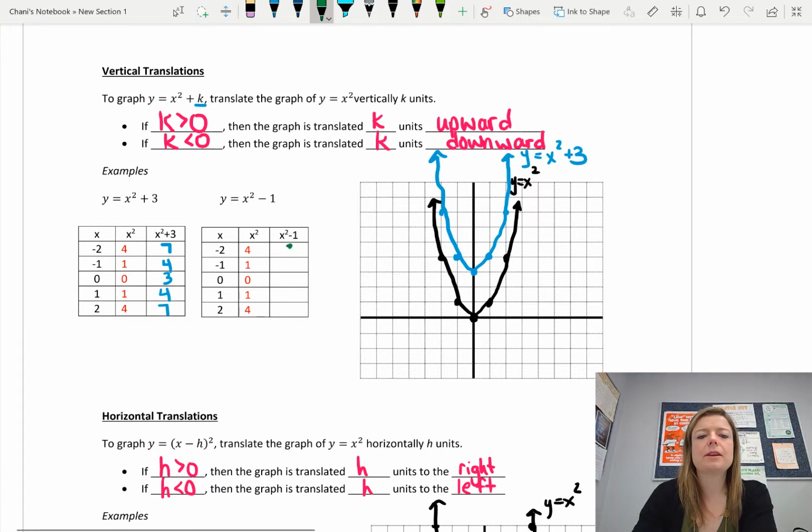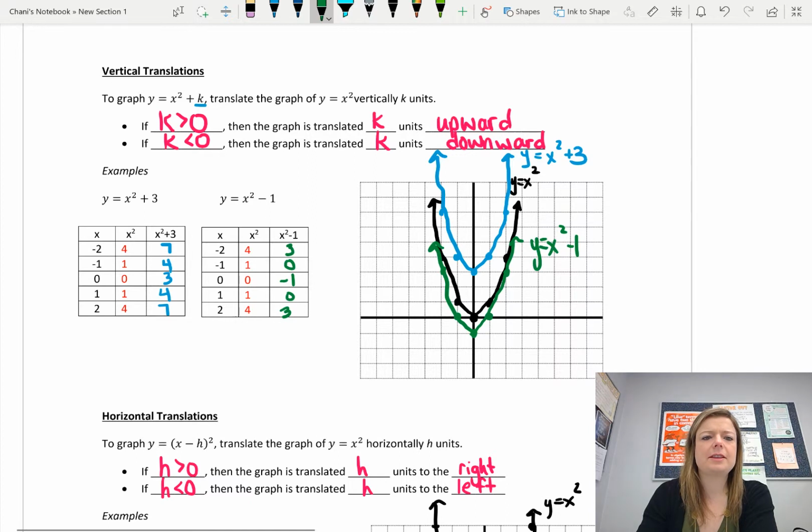So 4 minus 1 is 3, 0, negative 1, 0, 3. So you get a parabola that looks like this. So again, the exact same width, if you draw properly, just moved down.